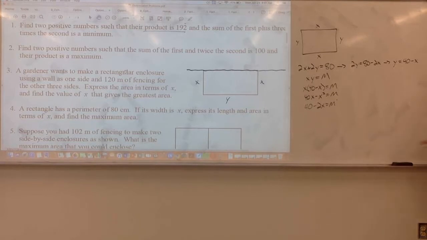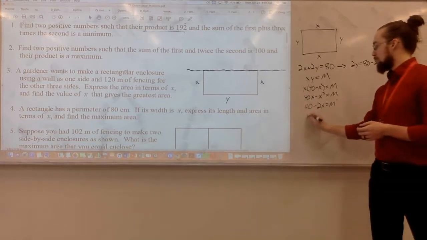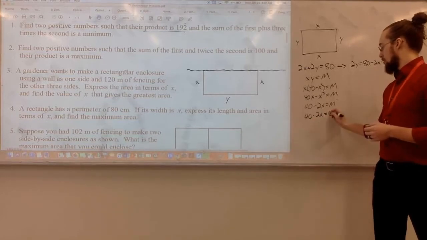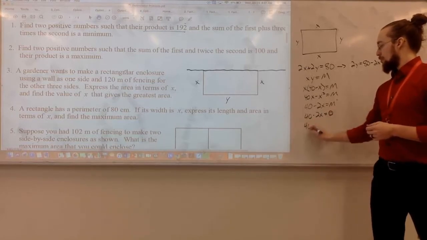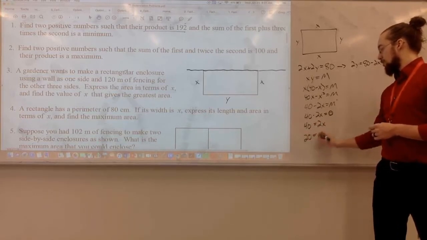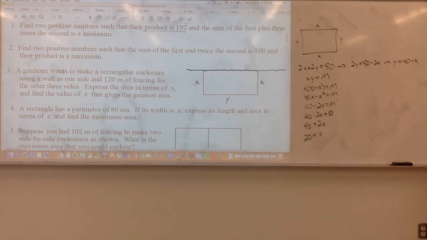I want to find critical points, so I will set this equal to 0 and solve. So add the 2x over, divide by 2, we get 20. Put this on a sign chart.